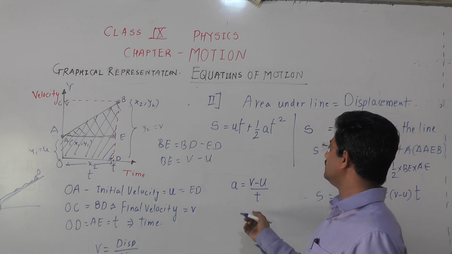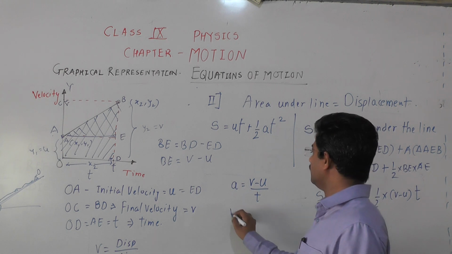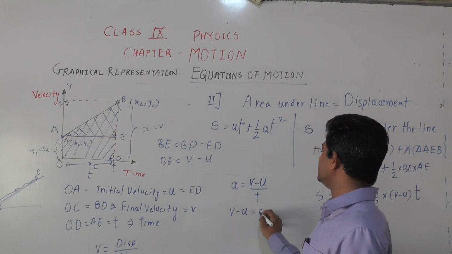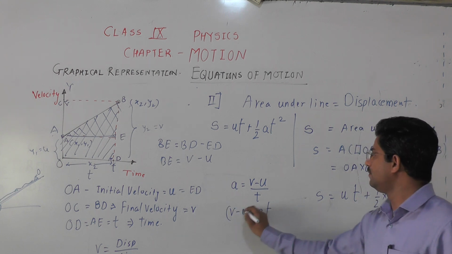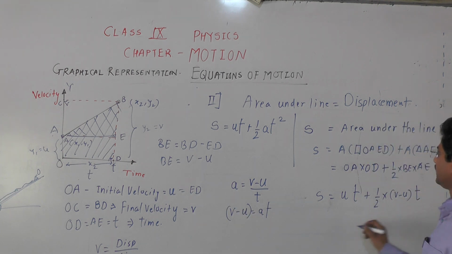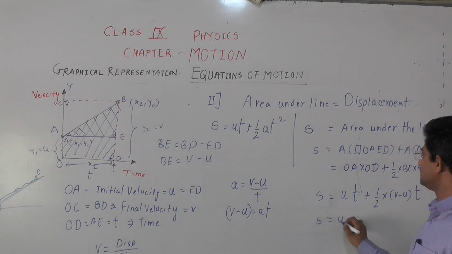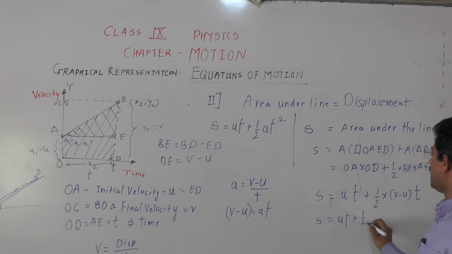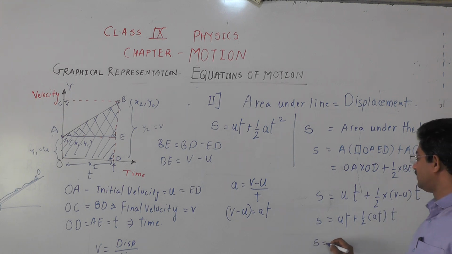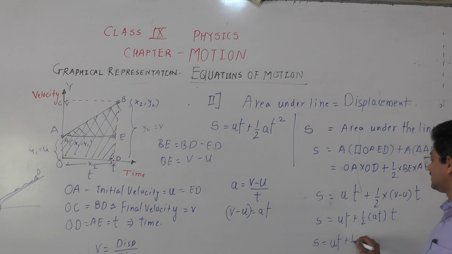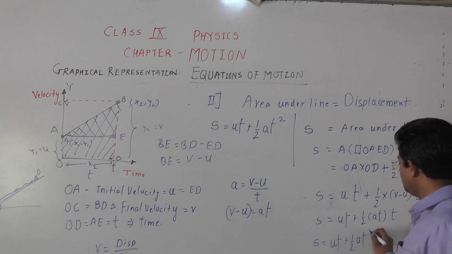Now rearranging the terms, as in our first equation of motion, we know that v minus u is equal to at. Now substituting this value for v minus u in this expression, replacing v minus u as at into t, we get the final expression ut plus 1/2 at square.